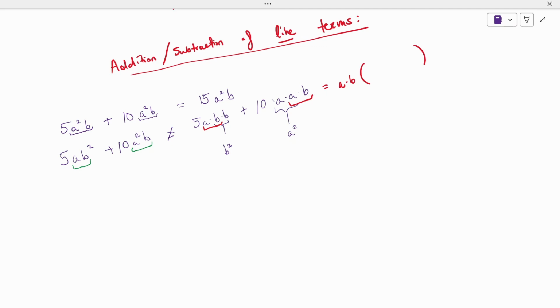But the terms that you don't have in common, in this instance the 5b and the 10a, you would have to write as the terms inside of the parentheses that are remaining. And what's interesting here is that you can clearly see that the b term and the a term, well, it's like adding 5 bananas with 10 apples. These are not like terms.